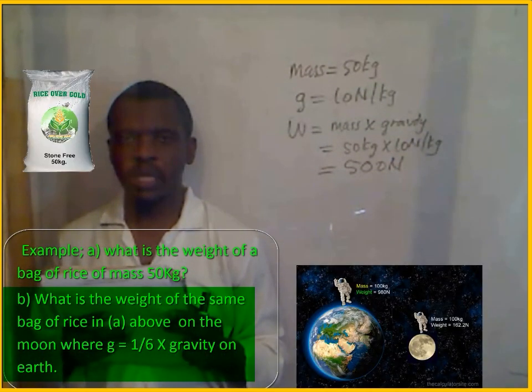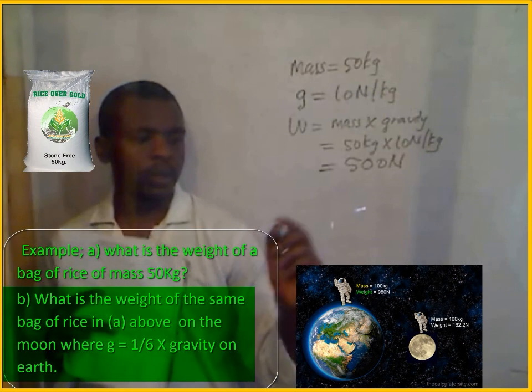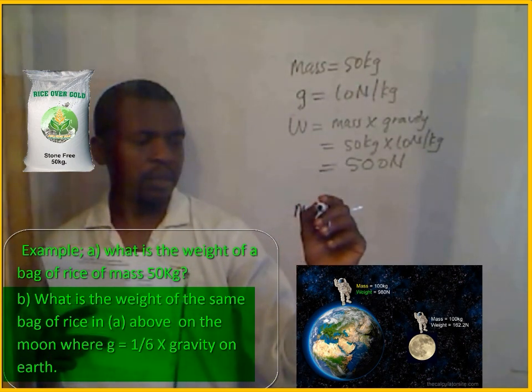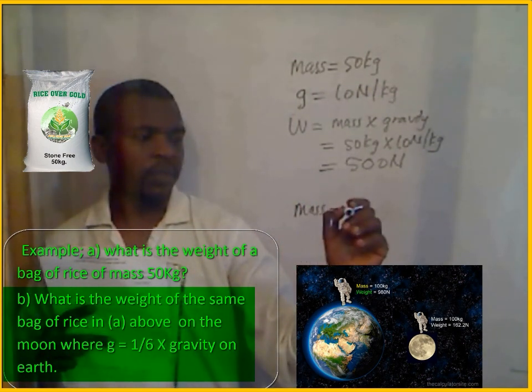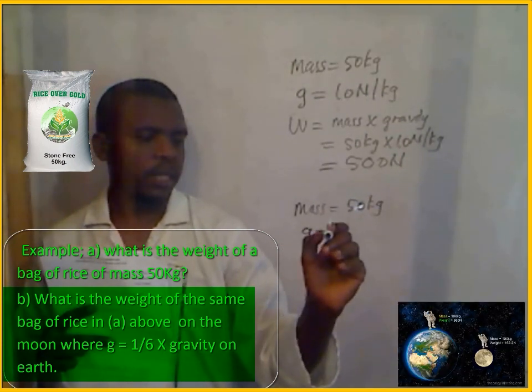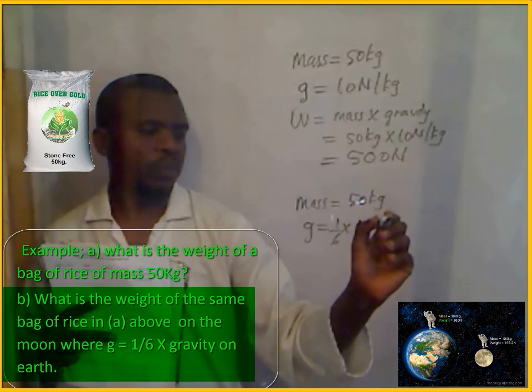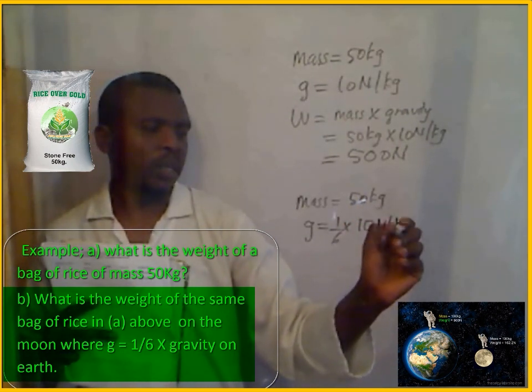What is the weight of the same bag of rice in the question above on the moon, where gravity is 1/6 the gravity of the earth? So our mass there is still 50 kilograms. The g on the moon is 1/6 of the g, 10 Newton per kilogram.